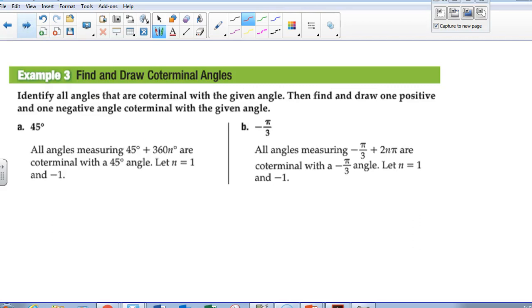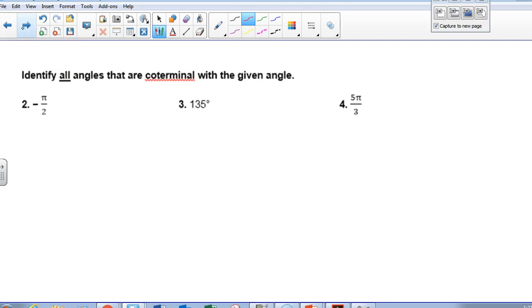All right, so these 3 questions are on your worksheet, yes? Okay, so we're going to write, how do you identify all coterminal angles? Well, you write negative pi over 2, and then you write plus or minus 2 pi n. Why not 360?